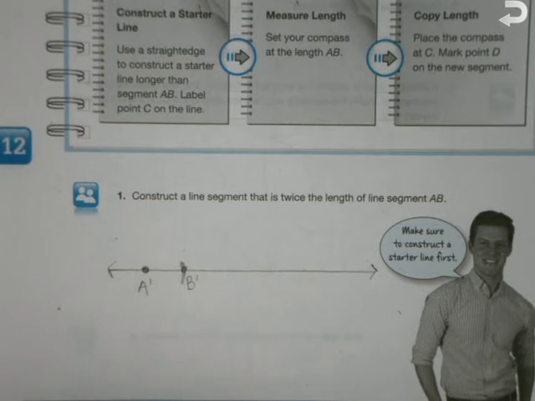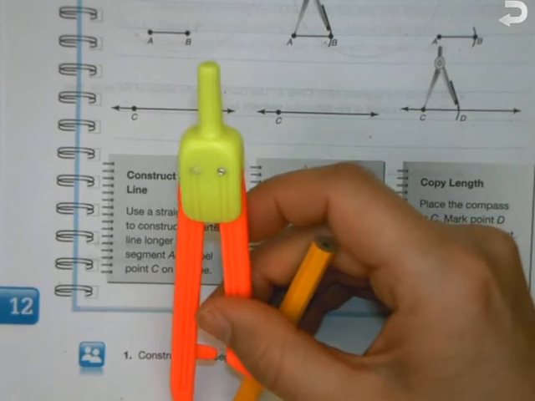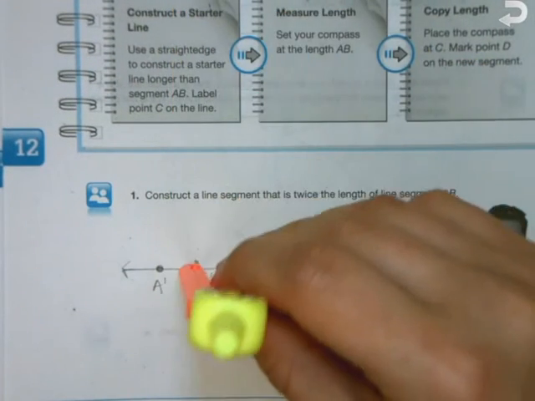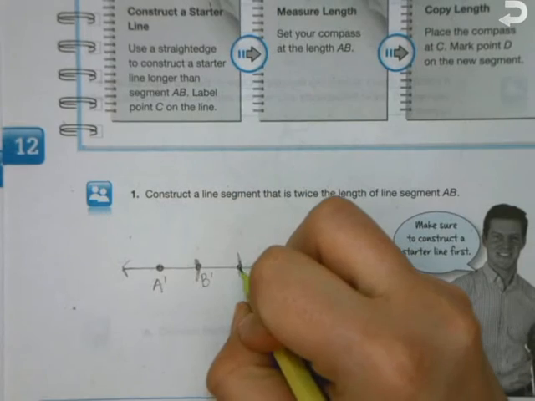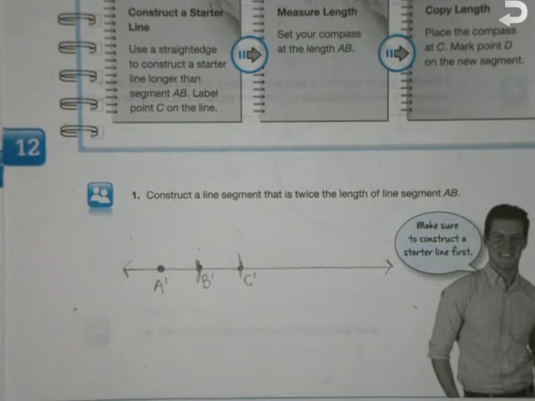Jordan says if we put the point that's the same length as AB on B and do the whole thing again, that will give us 2 segments that are the same length as AB, which means we have a segment that is twice the length of AB. So let's call it C prime. So A prime C prime is twice the length of AB because we made 2 segments of AB.